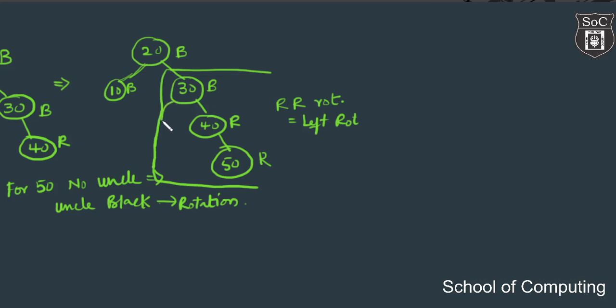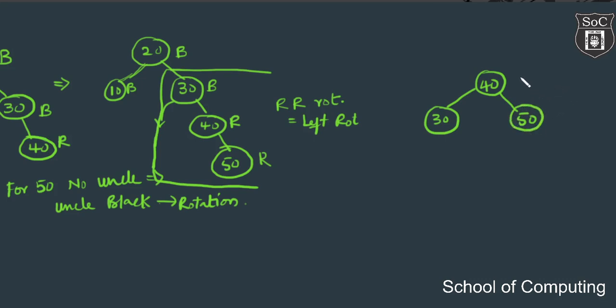Which means 30 will be shifted to the left. So it will look like this. 30 is shifted to the left side. 40 got promoted. And 50 sits here.